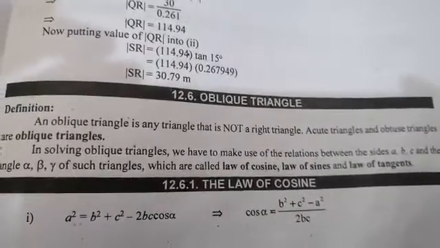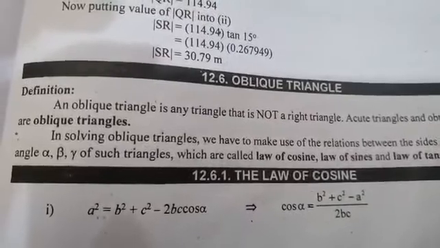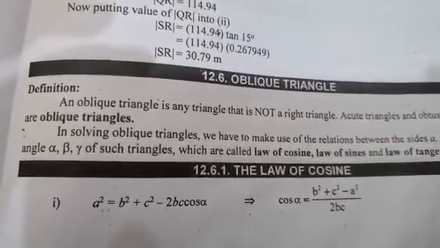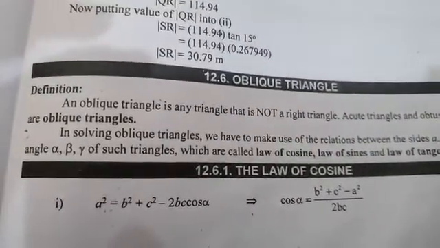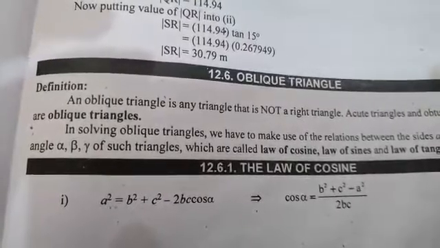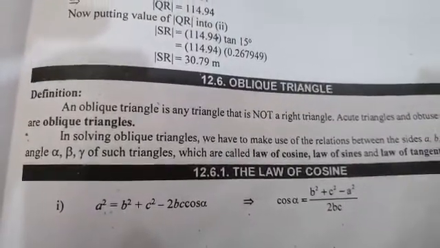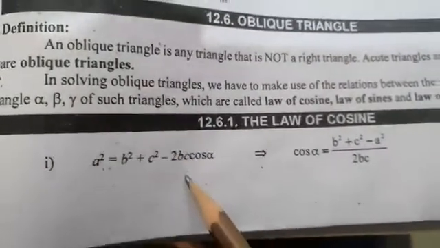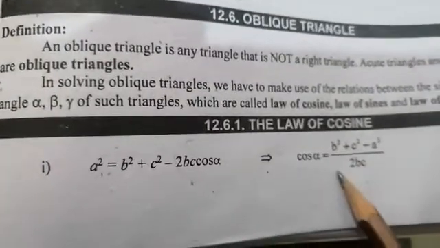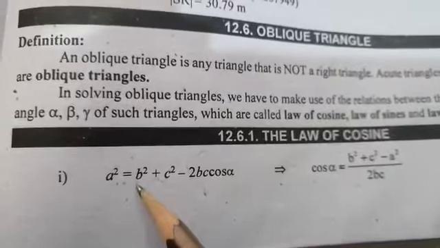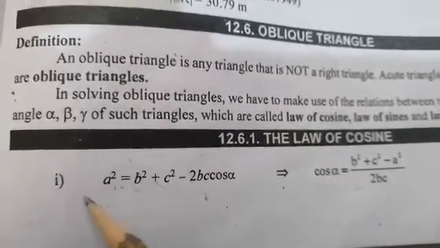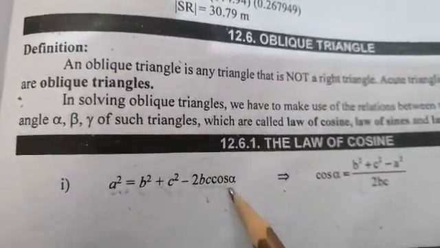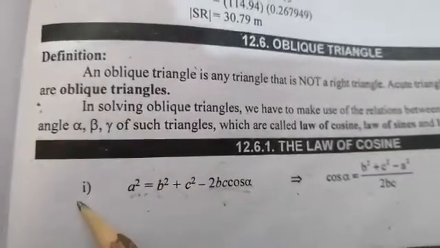The law of cosine. First law: a square is equal to b square plus c square minus 2bc into cos of alpha. Here small a, small b, small c are sides of the triangle, and we can write this relation in this form also by taking the values of b square plus c square and a square on one side of the equation, and this term on the other side of the equation.